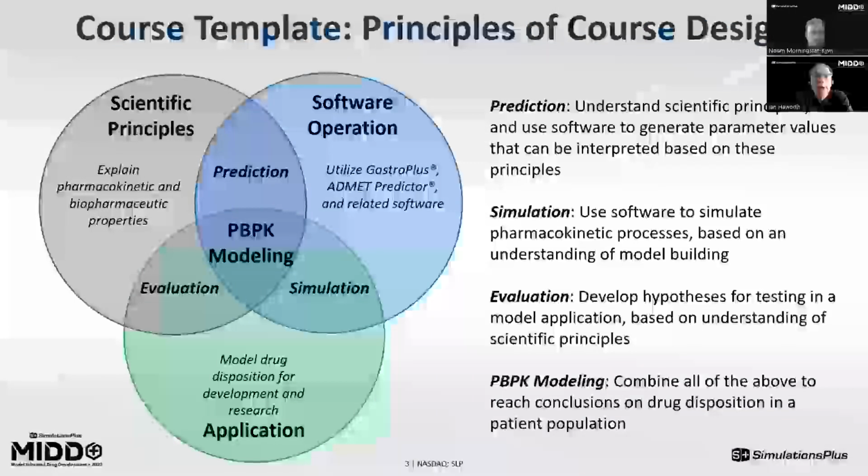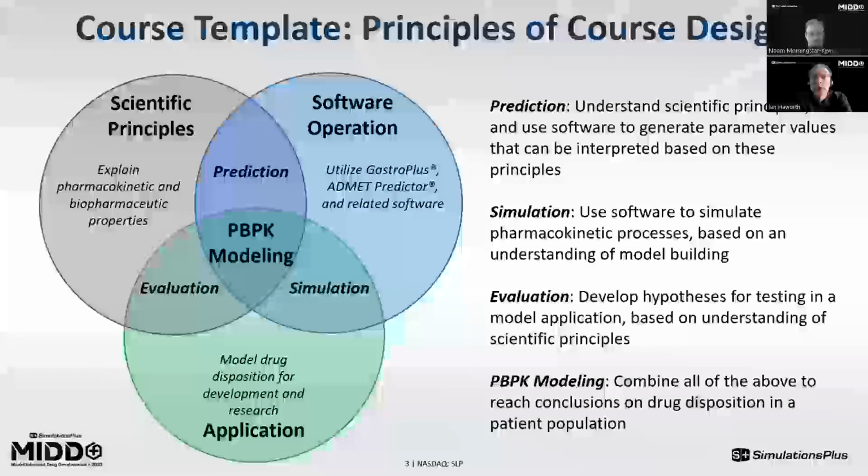We need to teach use of GastroPlus, of MetabolitePredictor, of other Simulations Plus software. And we connect those two circles with prediction. So we would like to have the students understand the scientific principles, and then use the software to make predictions and interpret those predictions based on their understanding of those principles.